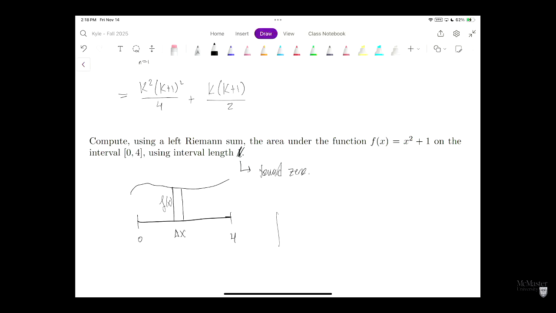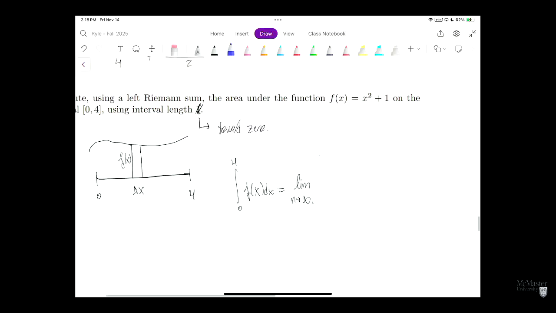So in this case, the integral from 0 to 4 of f of x dx is equal to the limit as our delta x goes to 0. Now, that's the same as the number of rectangles going to infinity. We want the width of our rectangle times the height of our rectangle, and we want to sum over all of our rectangles. So we're summing from i is equal to 1 up to n.